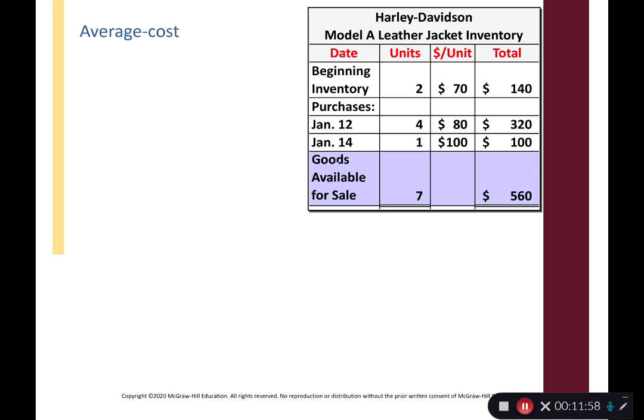To do that, it's going to be quite easy for inventory. What you're going to do is step 1 is going to be to calculate average cost. And to do that, you're going to take your cost of goods available for sale divided by the total units.